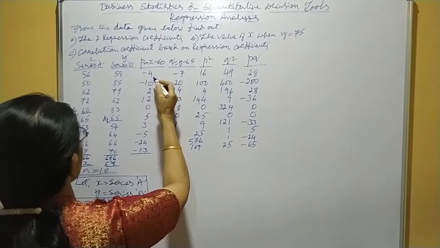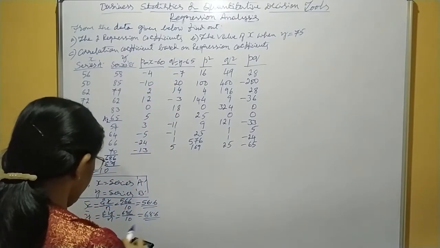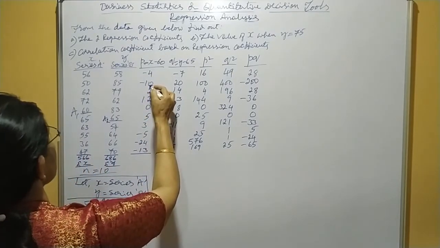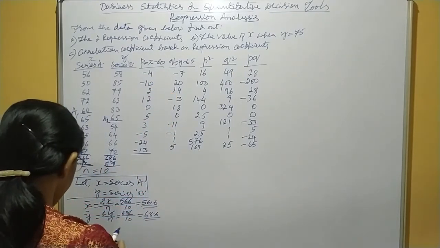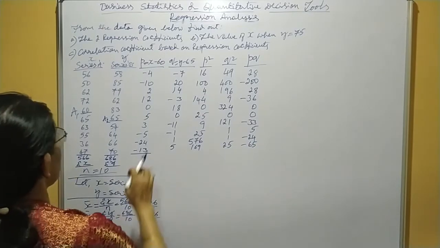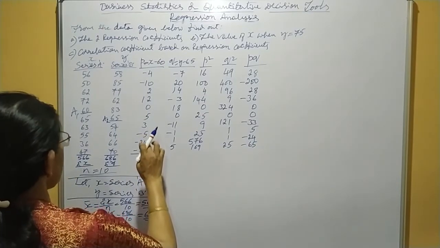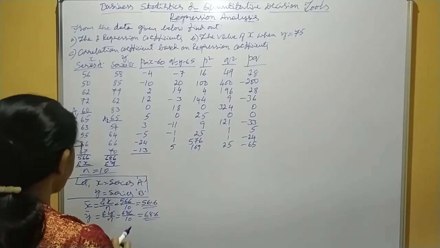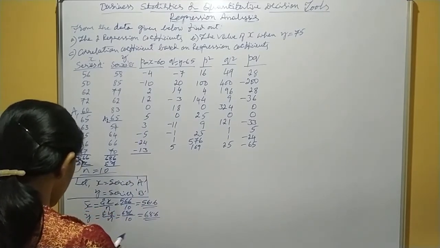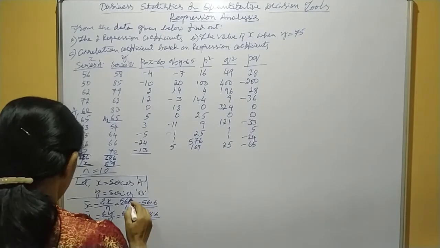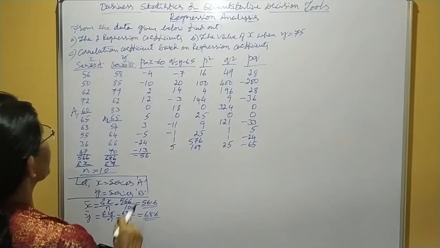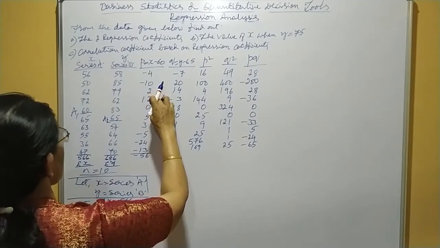Here it is minus 4, minus 10, then minus 5, minus 24 and minus 13. It is minus 56.